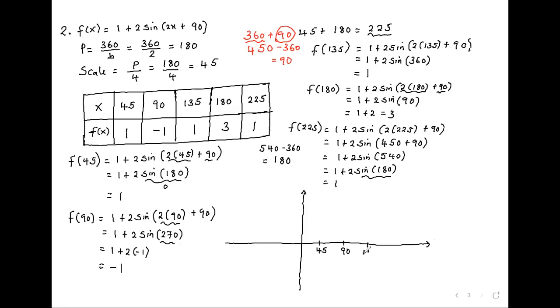Then we move to 135, then to 180, then to 225. At 45, it was 1, so we press 1 here. So we got 1 at 45.